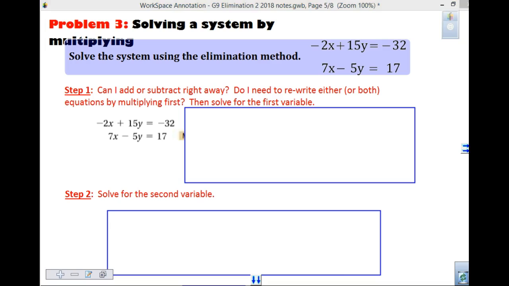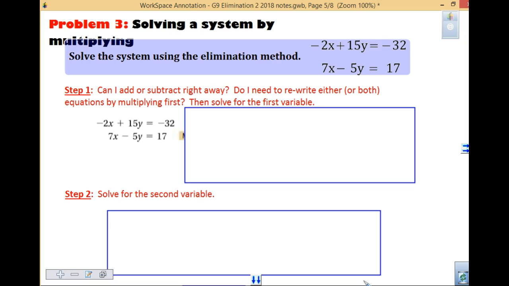As we are looking at problem 3, we want to solve by eliminating. And it says, can I add or subtract right away? It says, no, I need to rewrite either or both equations by multiplying and solving for the first variable.